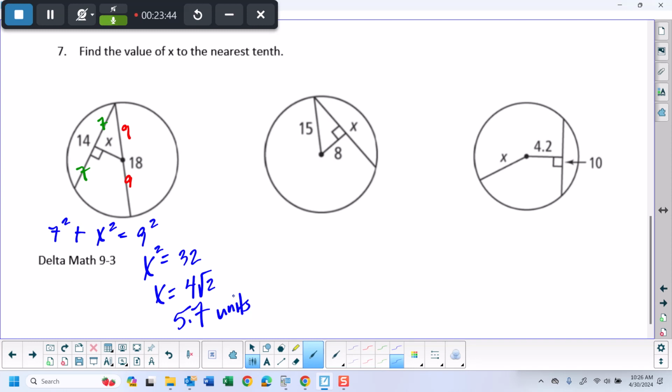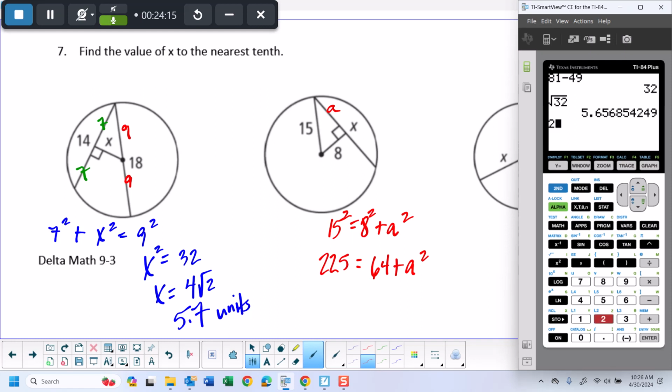So we have a radius of 15, a piece of the diameter that's 8. So we're going to go ahead and solve for this value here. I'm going to call it A so you're not confused. But 15 squared is equal to 8 squared plus A squared. So 15 squared is 225, is equal to 64 plus A squared.